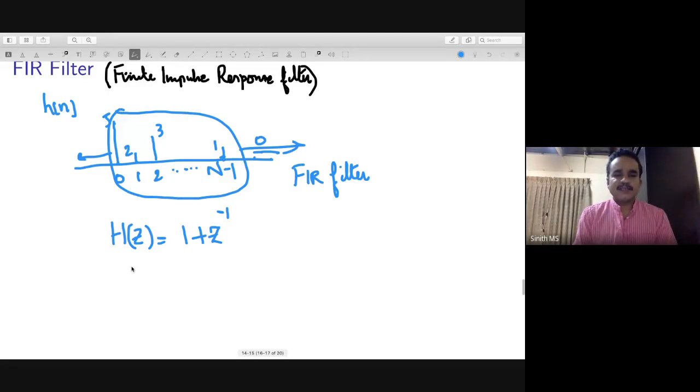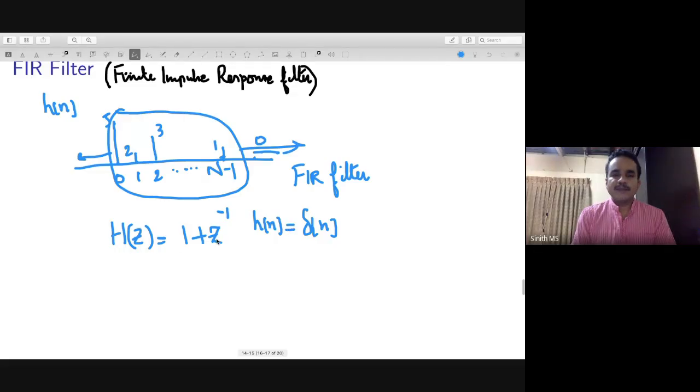So H(z) is 1 plus z inverse. If you take the inverse Z transform of this, the inverse Z transform of 1 is delta[n]. You know that the inverse Z transform of 1 is delta[n]. What is the inverse Z transform of z inverse? Can one of you tell?